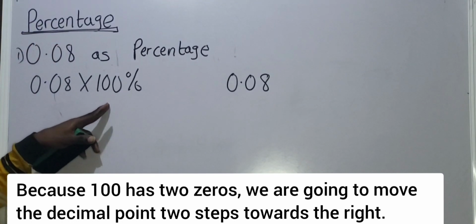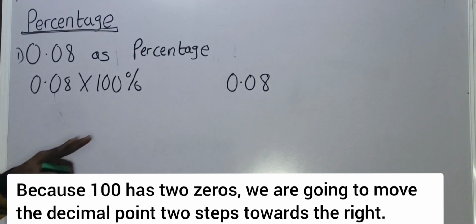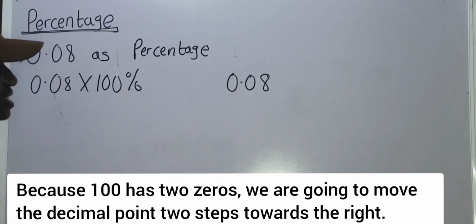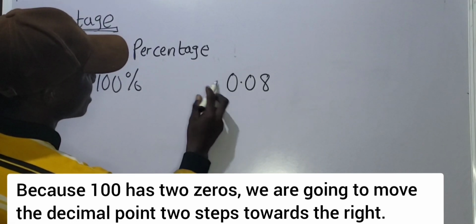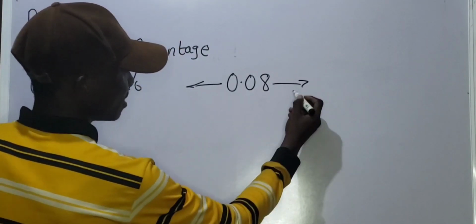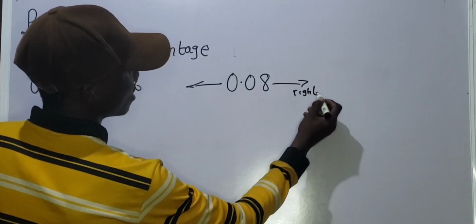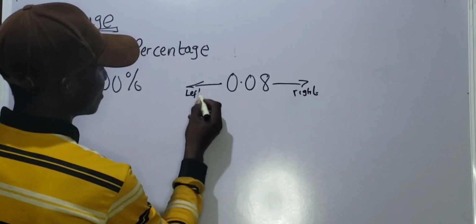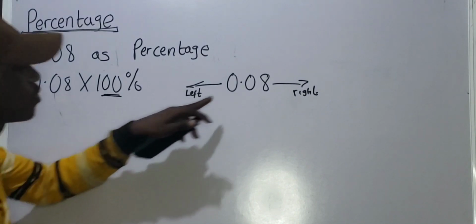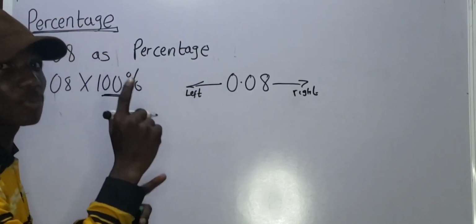This side is towards the left, and this side is towards the right. So because 100 has 2 zeros, I'm going to move this decimal point 2 steps towards the right.